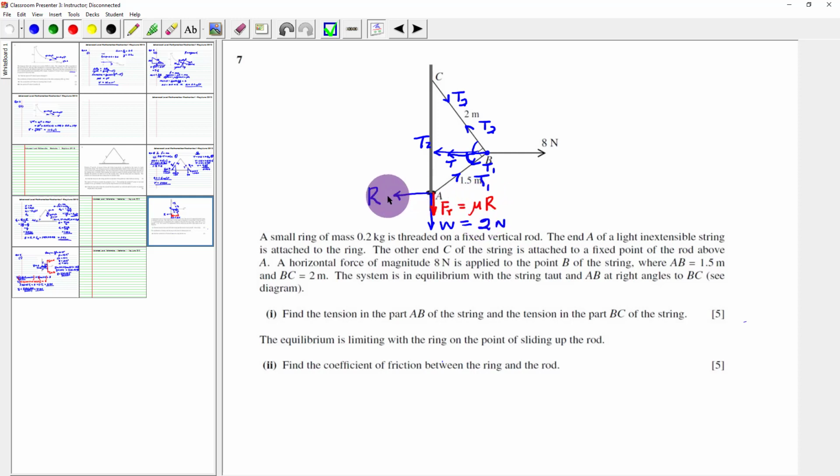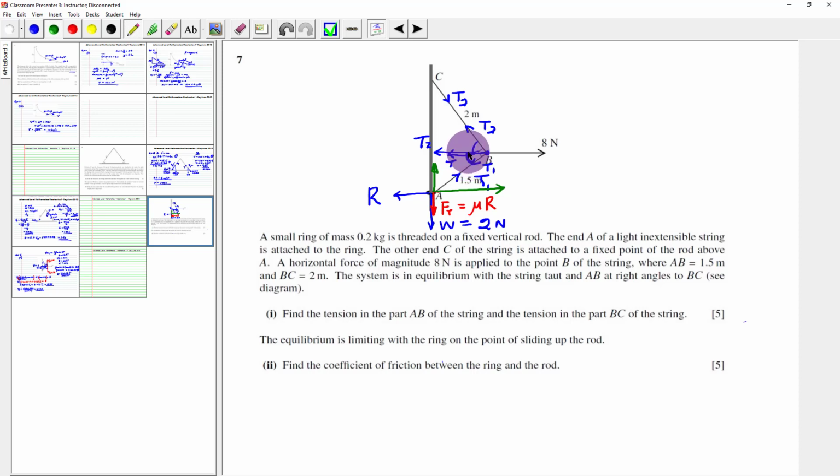And remember, R is this much. This T1 here has a component in this direction. Let me change the color here so that it doesn't crowd the diagram so much. There is a component of T1 in this direction and also in this particular direction.